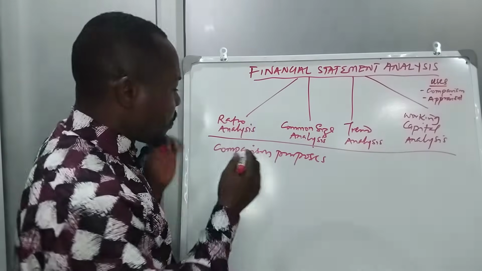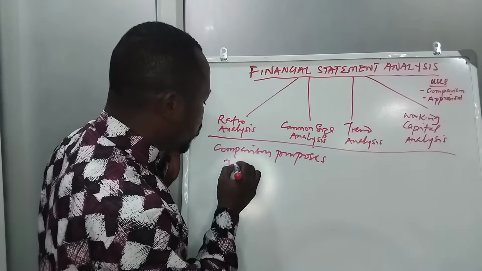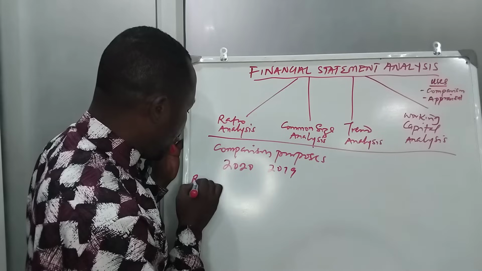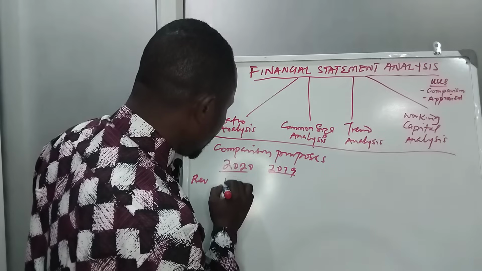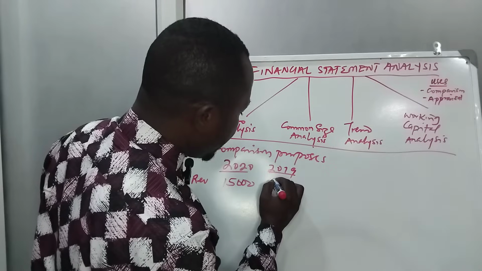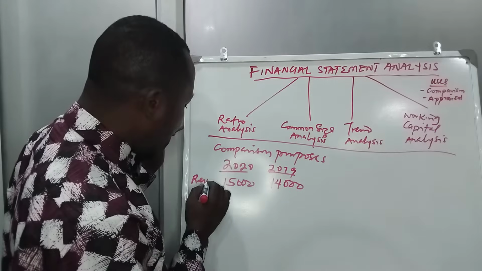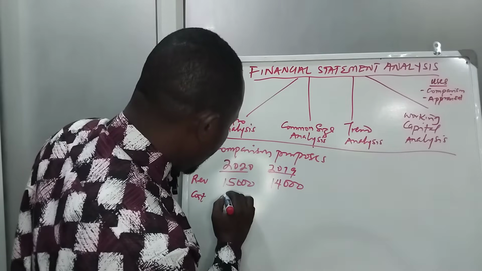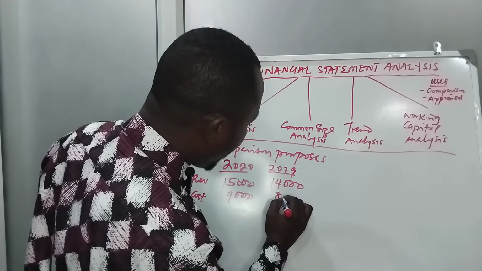Let me give us an example. For example, let's say the ratio analysis. In the year 2020 and in the year 2019, let's say we have revenue here, and revenue is, let's say, 15,000 naira, and in 2019, let's say revenue is 14,000 naira, and let's say we have cost of sales as 9,000 naira here, and here we have 8,500.